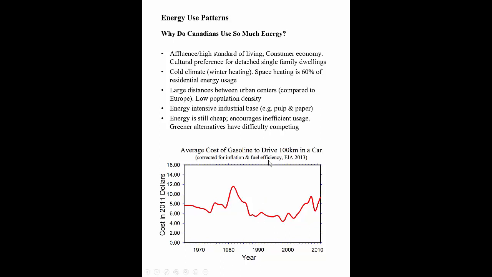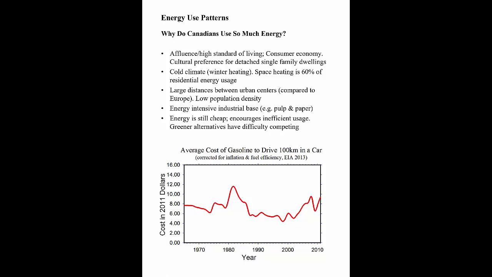Vehicles have generally got more efficient over time, although recently with SUVs, perhaps a little bit less efficient. So it's corrected for the price of gasoline, corrected for the efficiency of the vehicles getting better, and corrected for inflation. So on the vertical axis here, we have the cost in constant 2011 dollars.